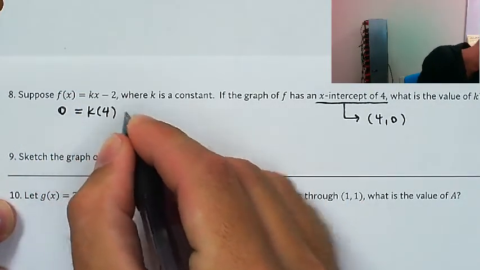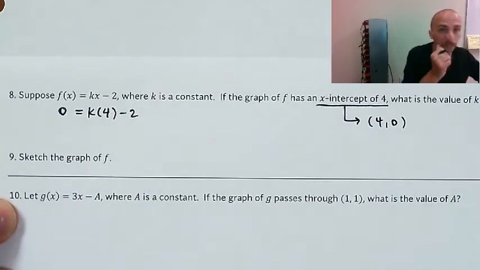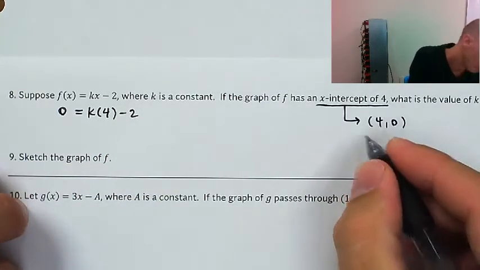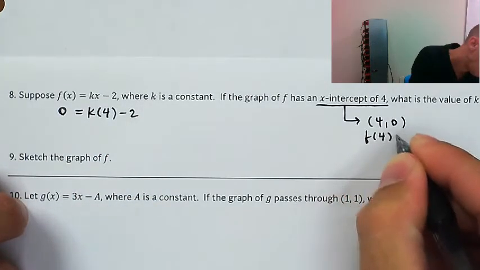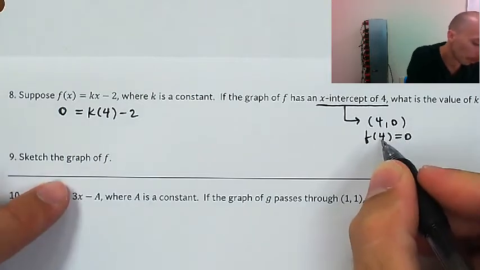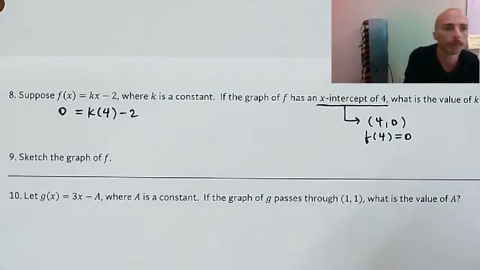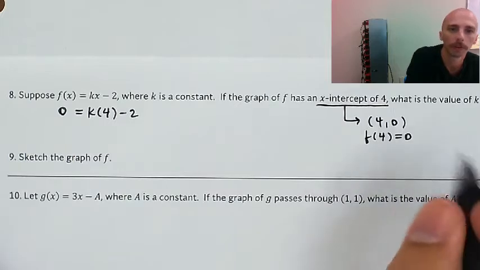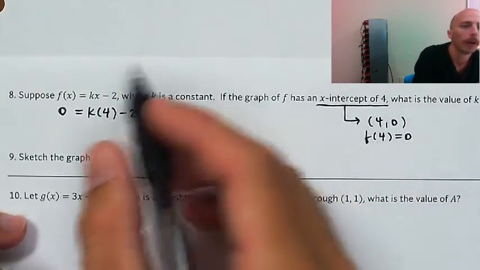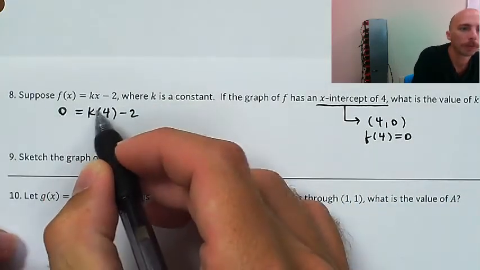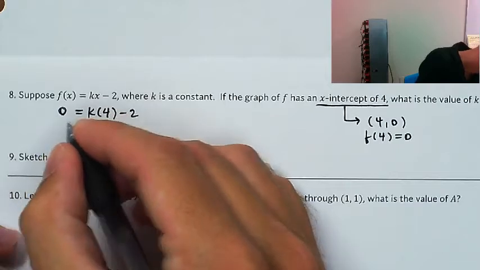k times 4 minus 2. Okay, another way we could have looked at this was that f of 4 is equal to 0. And so we would have plugged in 4 for x and 0 for f. It's the same thing, just dressed in different clothes. Right? So I'm going to say 0 equals 4 times k minus 2.